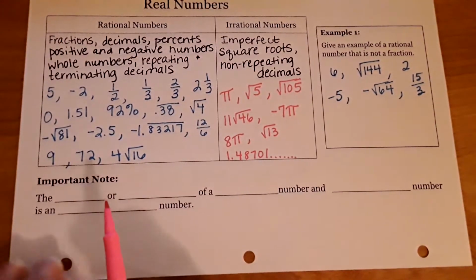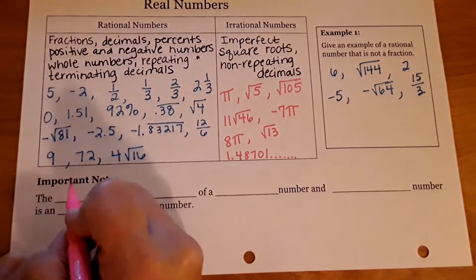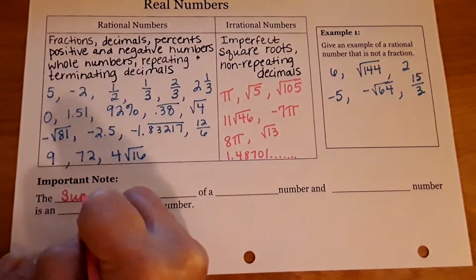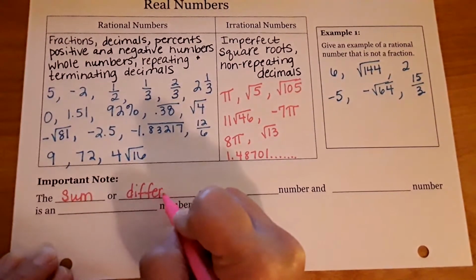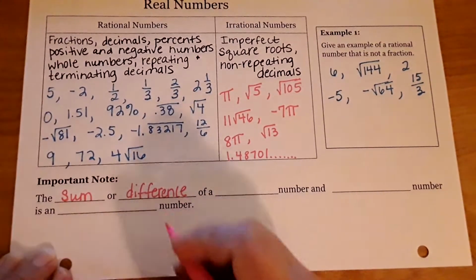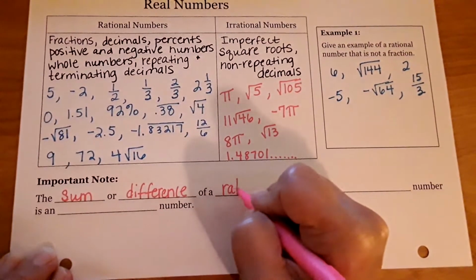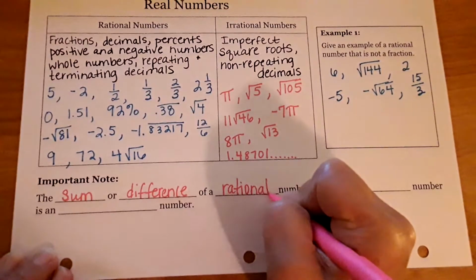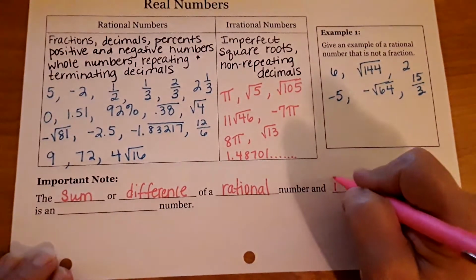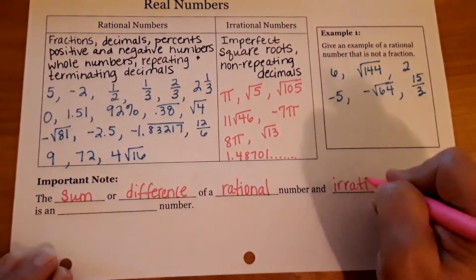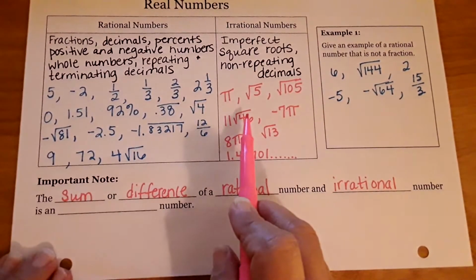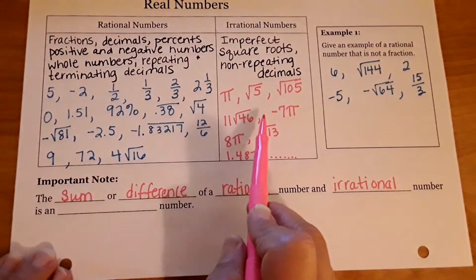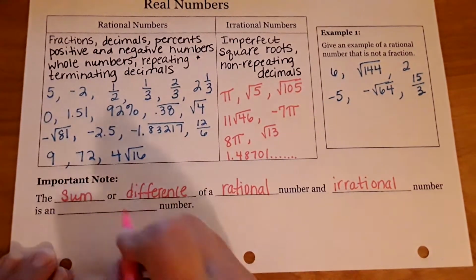So this is an important note. The sum or difference of a rational number and an irrational number. So this box plus this box, or this box minus this box, is an irrational number.